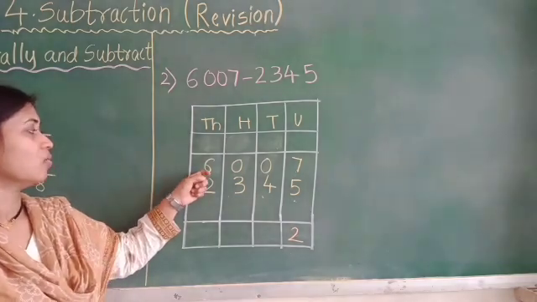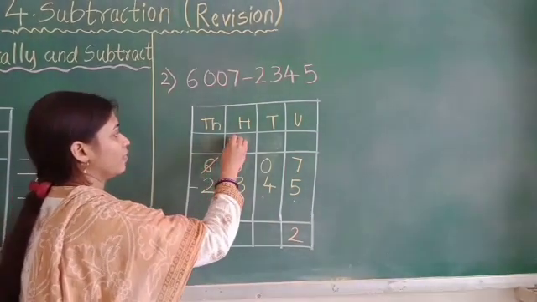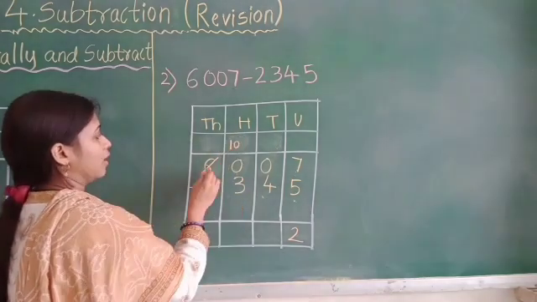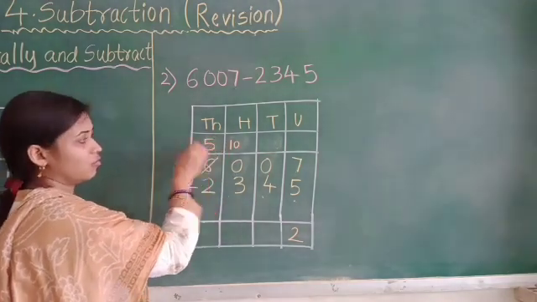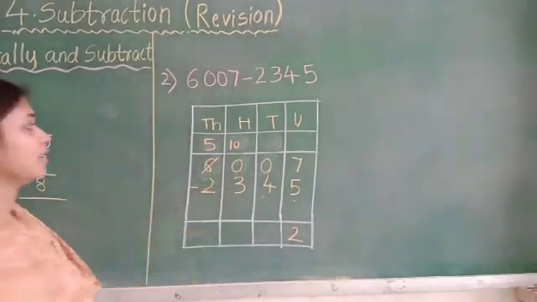So what will we do? We will take 1 from 6. 1 thousand we will take from 6, and after taking it, what will remain here is 5. Now here it has become 10.